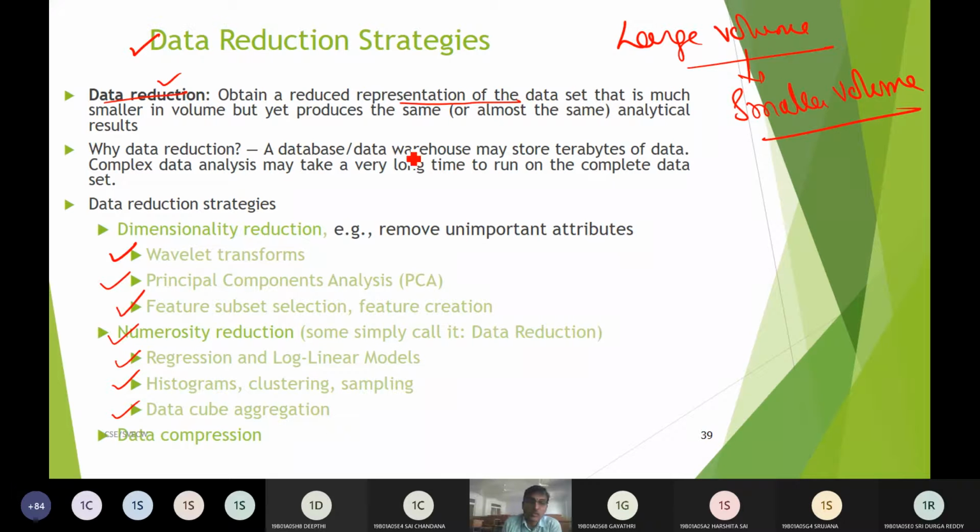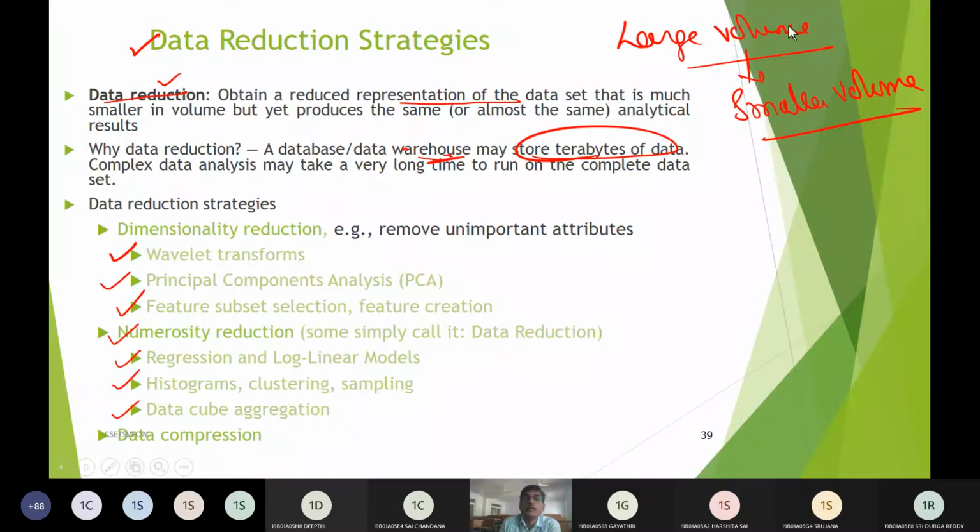Because when we say it is a data warehouse, it is going to store terabytes of data, which is not feasible.